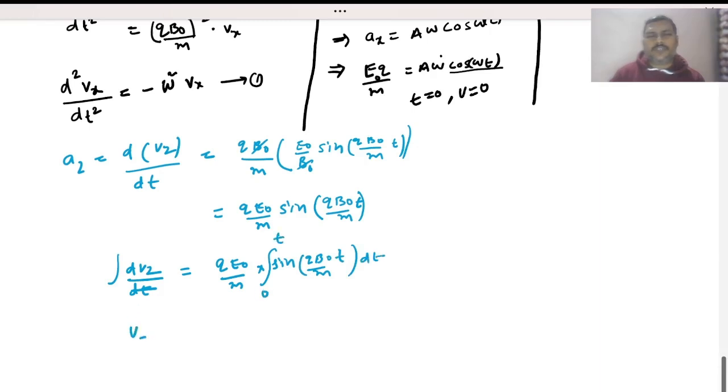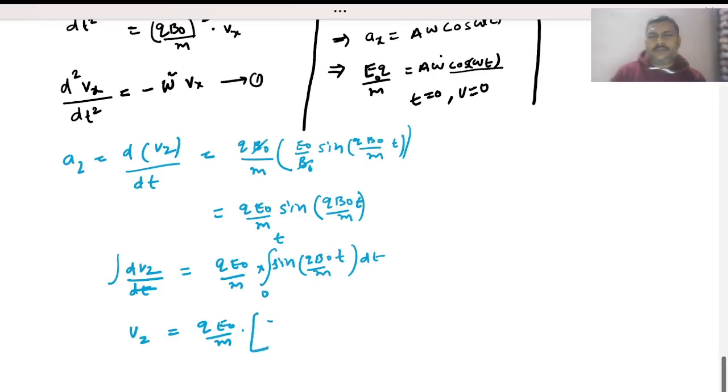Therefore vz from 0 to vz is equal to q e naught by m, and here take omega t as q b naught by m t, that is easy for us to solve. The integral of sin ax dx is equal to minus cos ax by a, so I will follow that now.